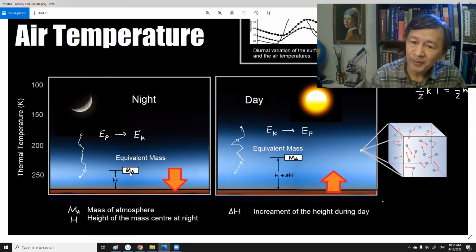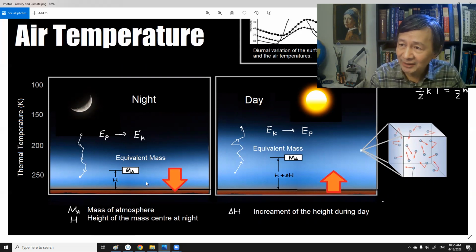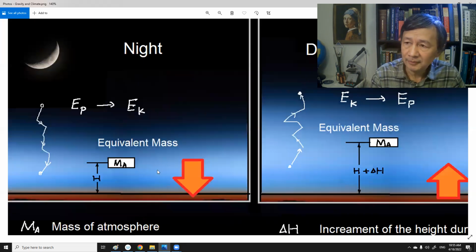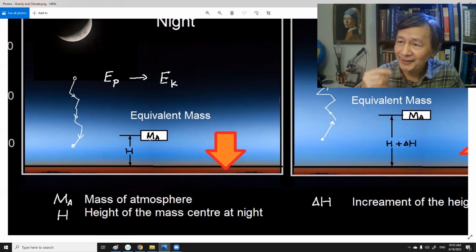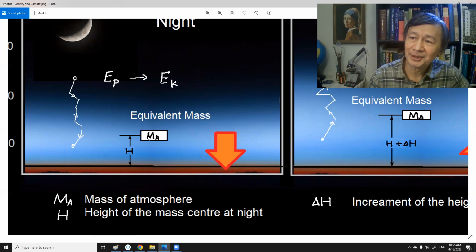In this way, we can easily work out the variation of the total gravitational potential energy. The position of this block is actually the mass center of the atmosphere. So this is something you have to imagine.